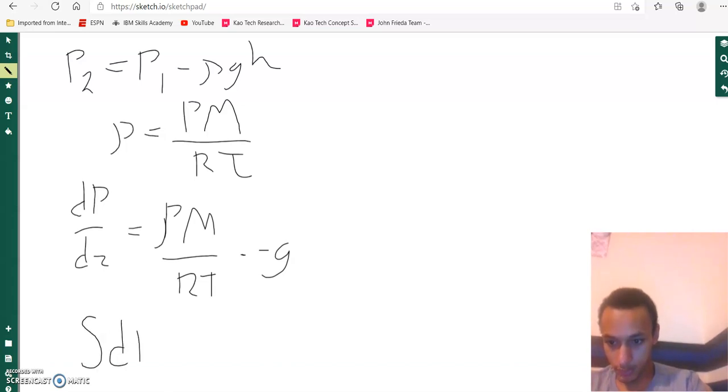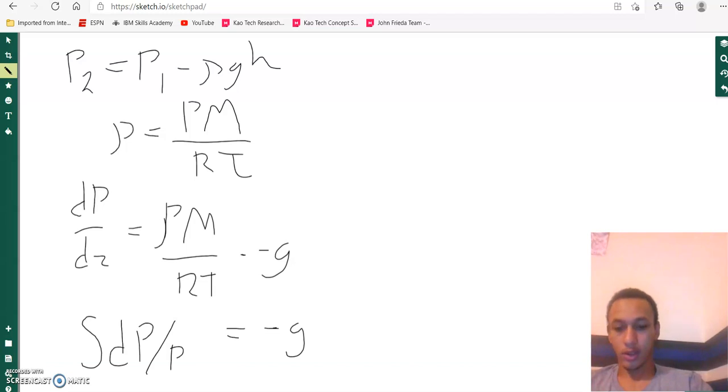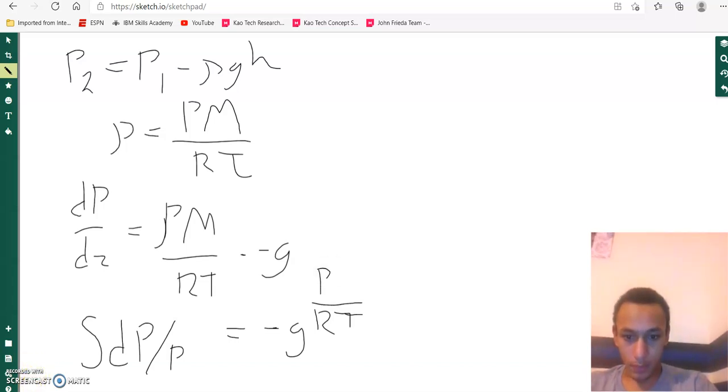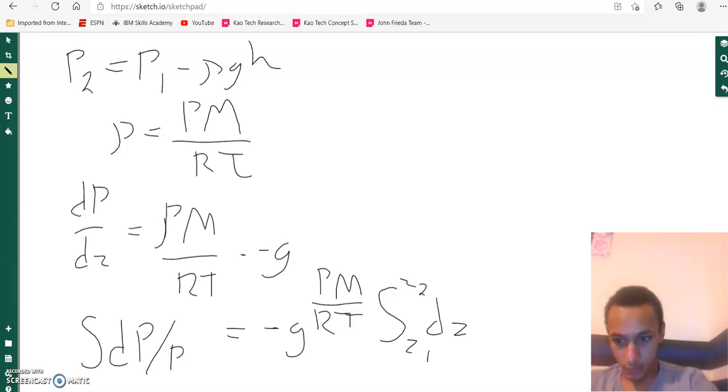Integrate dP over P is equal to negative G M over RT dZ, from Z1 to Z2 and P1 to P2.